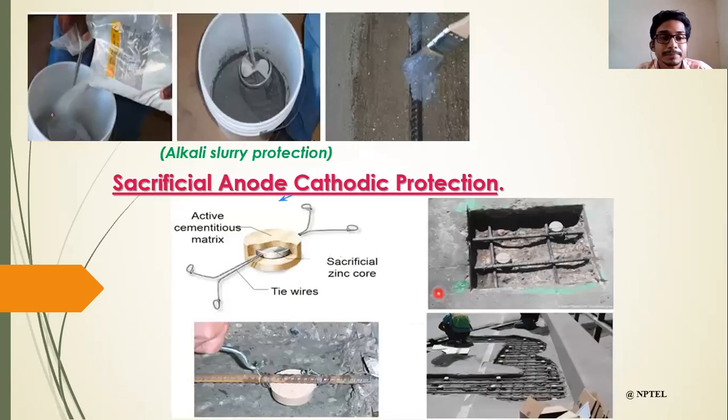So the next slide we will see. You can see here the first three pictures at the top. In the first three pictures you can see that they're mixing some alkali slurry, in a proper ratio for mixing.